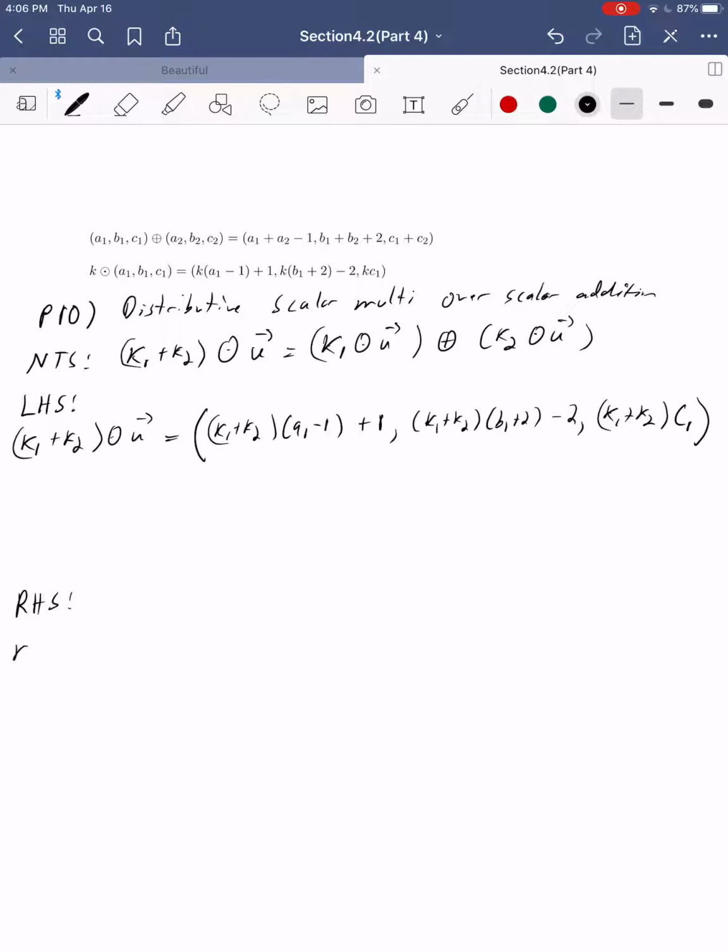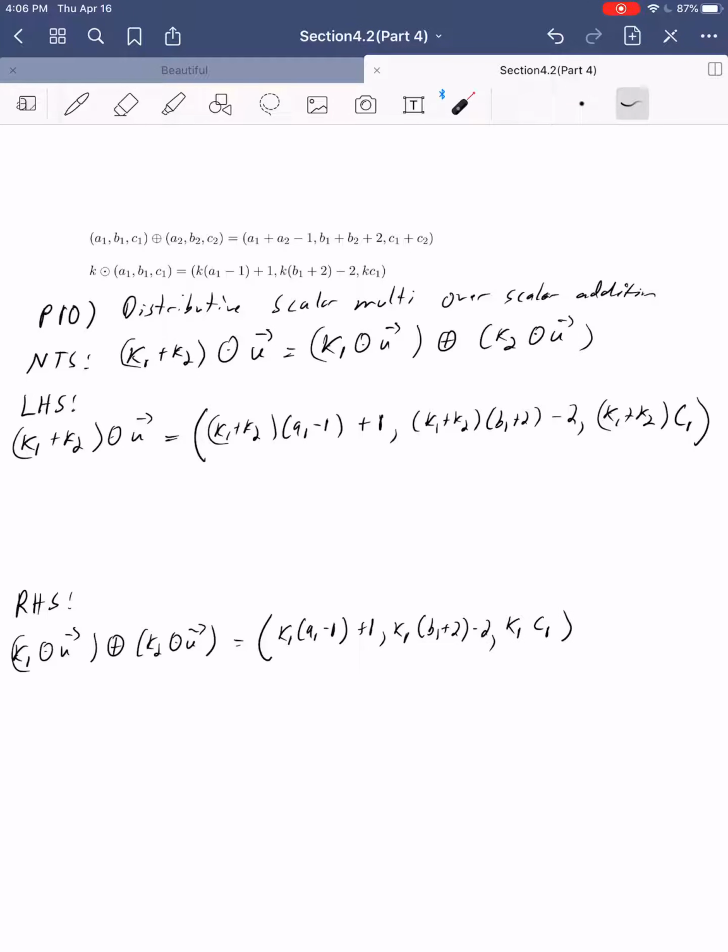So let's go ahead and do K1 U, and then vector added to K2 with U. So let's go ahead and do these. What does this guy look like? Well, that looks like it's going to be K1 (A1 minus 1) plus 1, K1 (B1 plus 2) minus 2, and then K1 C1.